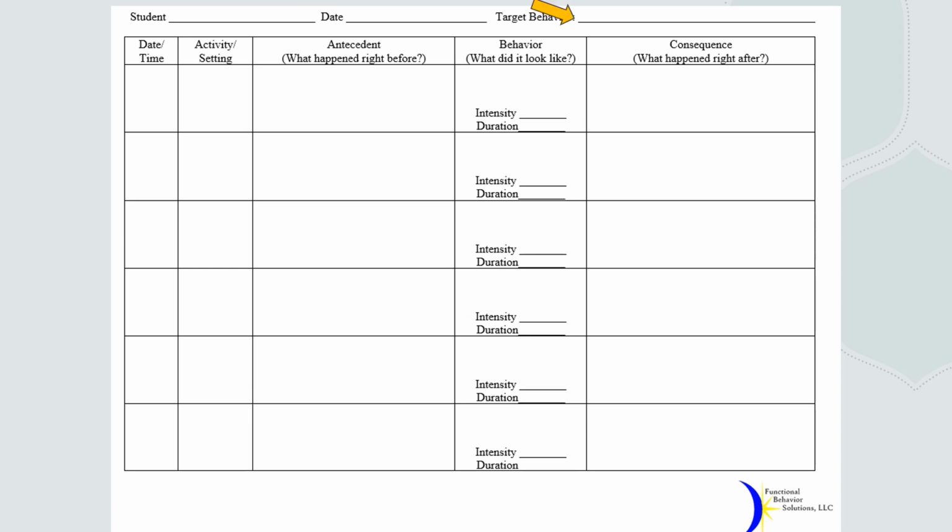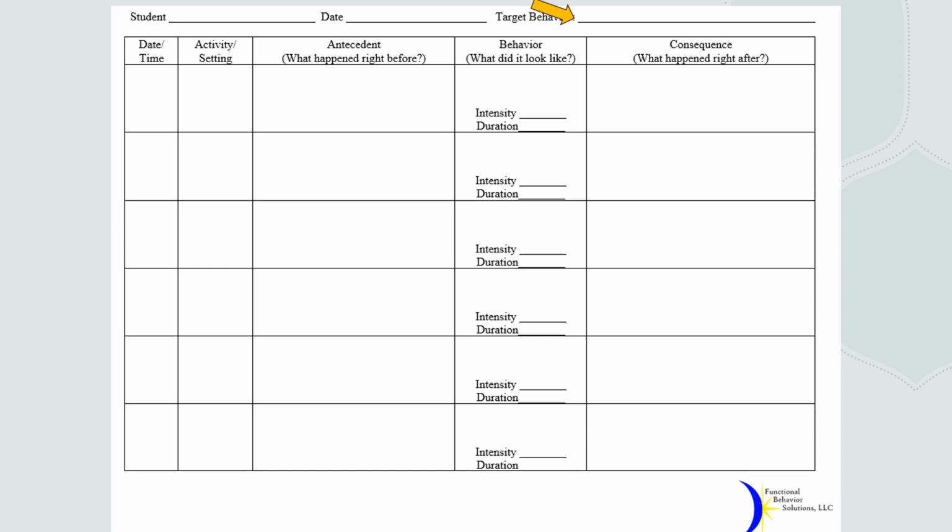And then where the target behavior is, if you've already defined the behavior, like for instance, aggression 1 or self-injurious behavior 1, then you can just write that here.